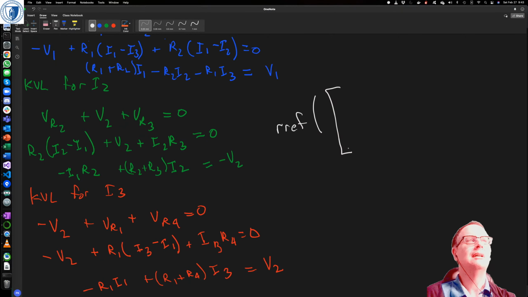Remember, that's my preferred method of solving equations on the calculator, because it means I only have to deal with one. In this case, it'll be a 3x4 matrix instead of one 3x3 matrix and one 3x1 matrix.